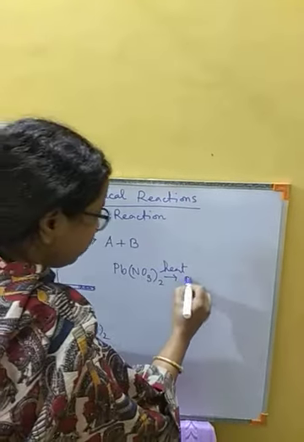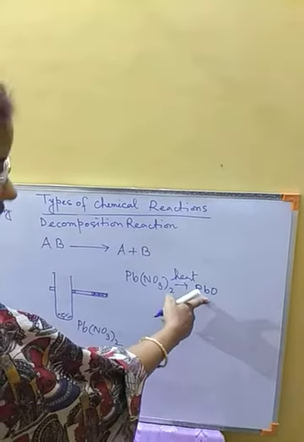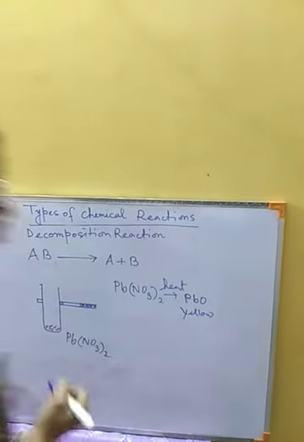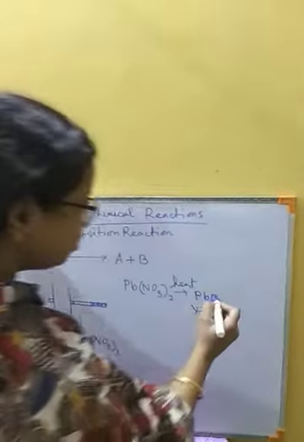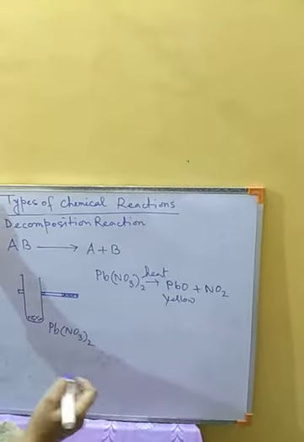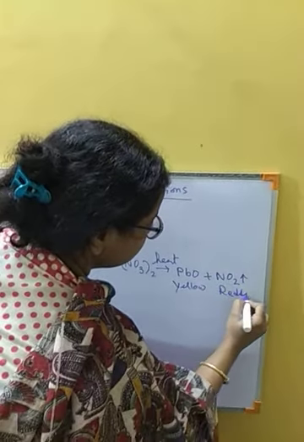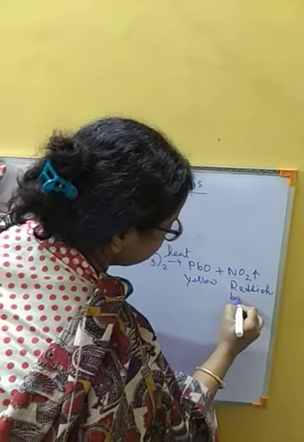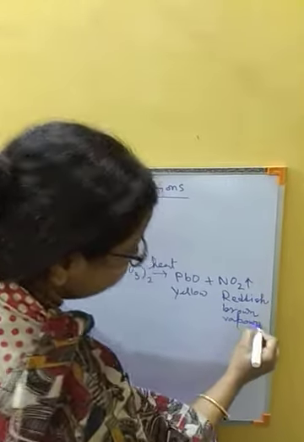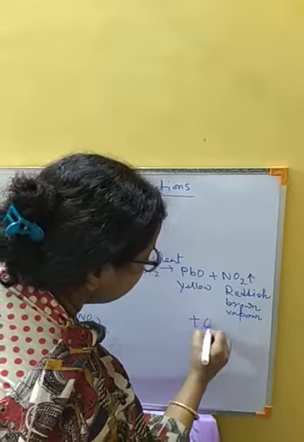When we heat this, we will get lead oxide, which is yellow, a yellow residue, along with a reddish brown vapor of nitrogen dioxide along with oxygen.